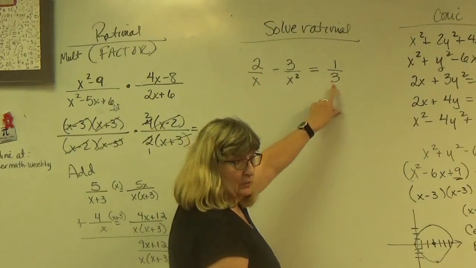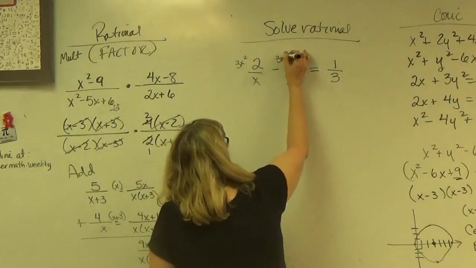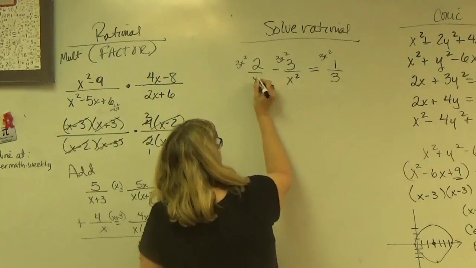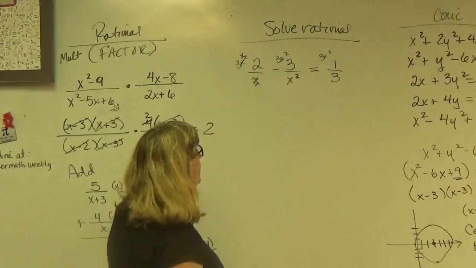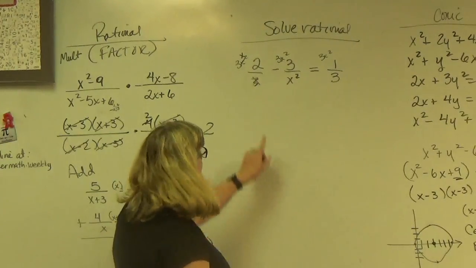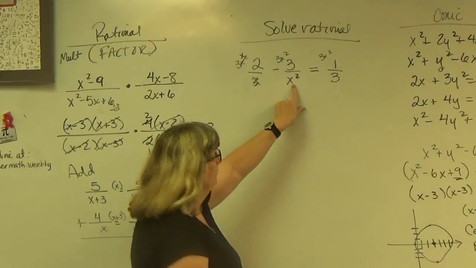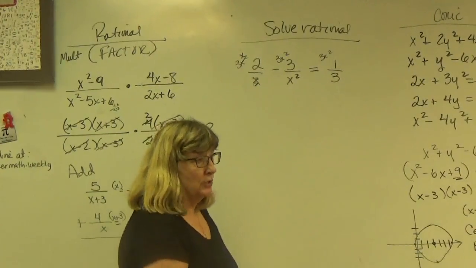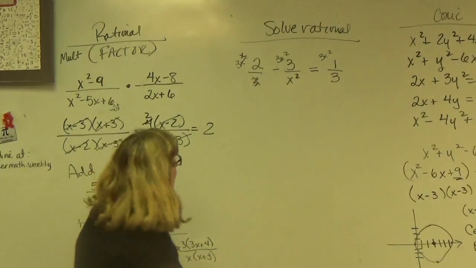And 3. So we need 3x squared for each one. You take the largest of your variable, and then the number that was in common was 3. So 3x squared is what we're going to multiply each term by.